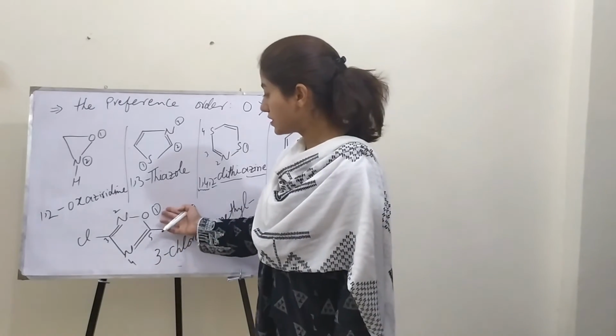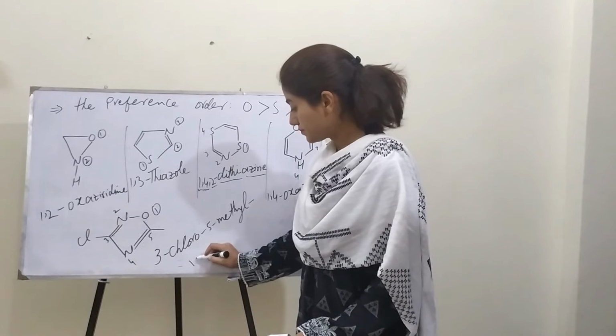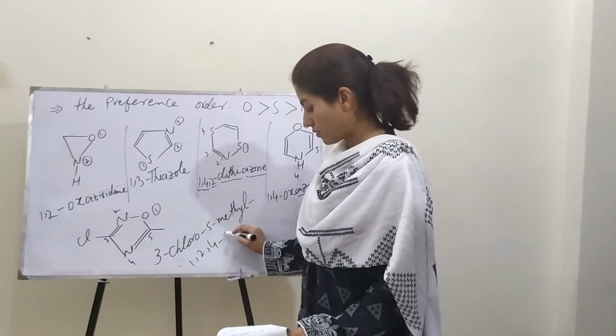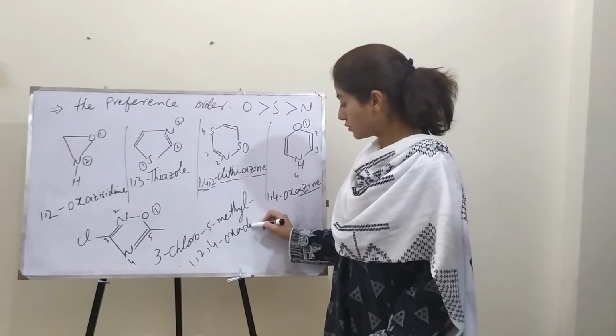Now the position of these heteroatoms has to be specified, that is 1, 2 and 4 oxadiazole.